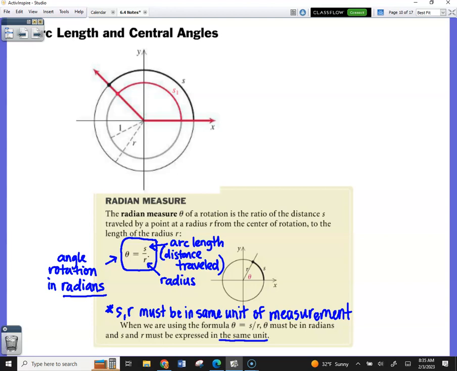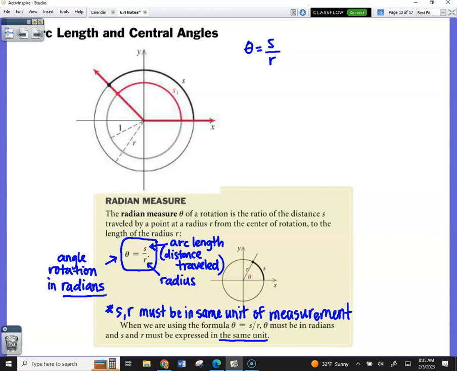All right, so now let's play around with this. Let's copy theta equals S over R right here. We're going to do some math here. Theta is understood to be over what? Anything is understood to be over 1.